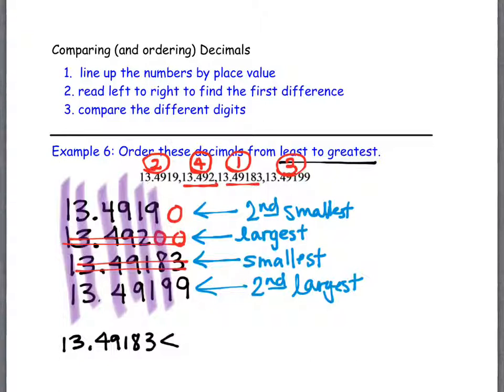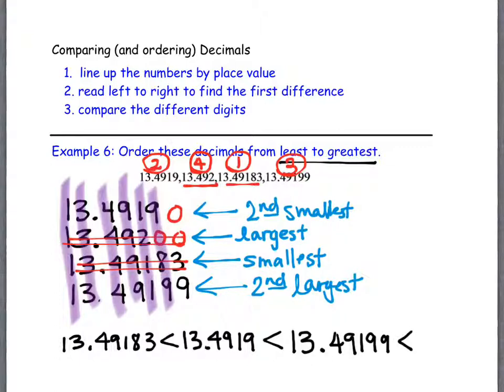The second smallest was the first number listed, 13.4919. And then the third largest, which is the last number listed, 13.49199. And then the largest value that we had found was 13.492.